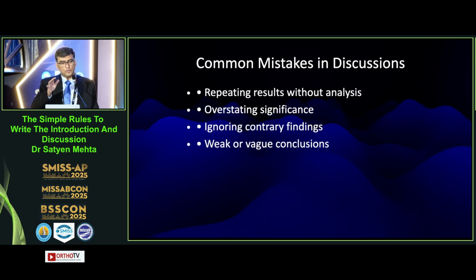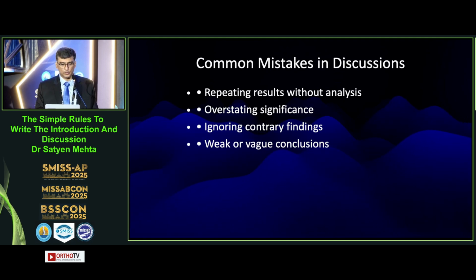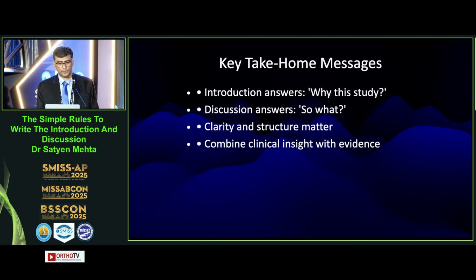Trying to write a paper without acknowledging those is a mistake. There are certain papers which will go contrary to what you're saying, and if you ignore those findings, it makes your paper weaker, so you should acknowledge them. Giving very vague or weak conclusions is also to be avoided.